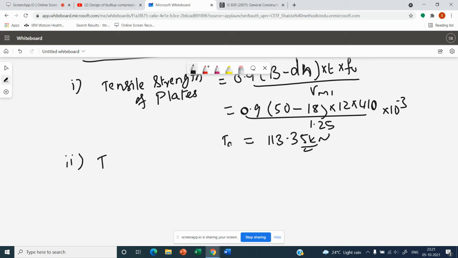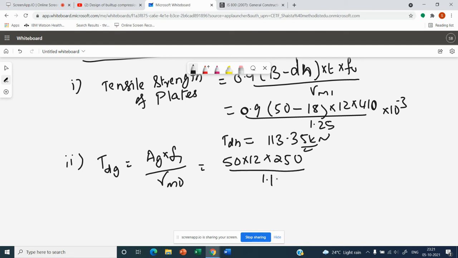Then you have gross section yielding, TDG. TDG is equal to AG into Fy by gamma M0. So gross area of plate is 50 by 12. Yield strength is 250. Okay. Partial safety factor is 1.10.